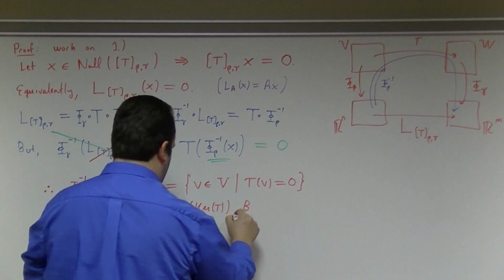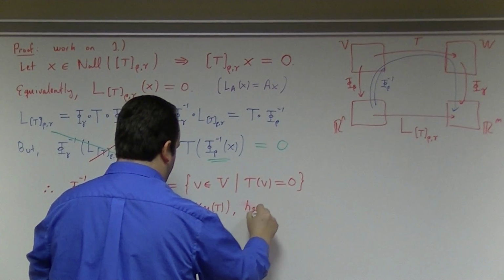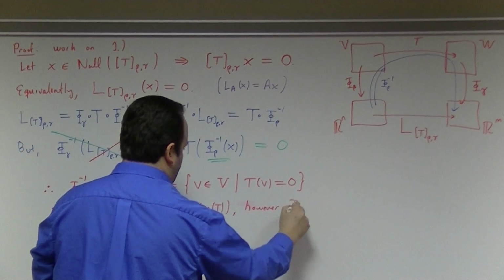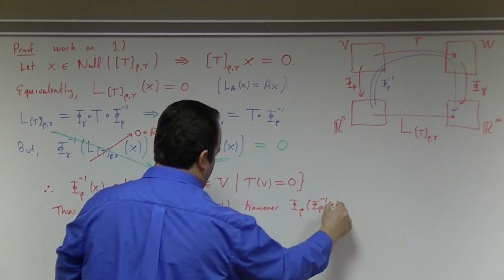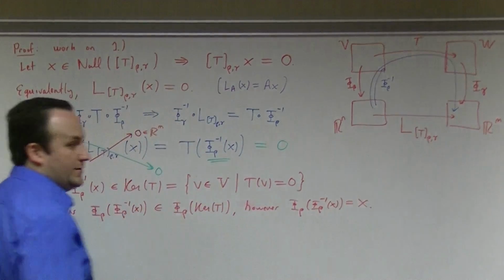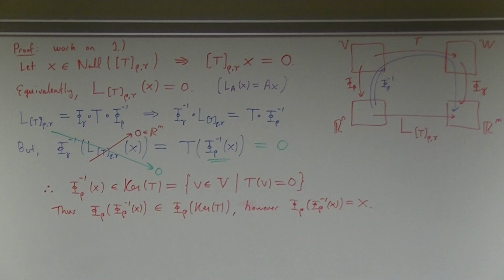However, phi beta of phi beta inverse of x is just x. So what have I shown? I've shown that if x is in the null space of this matrix, then it's in the image of the kernel of that matrix.